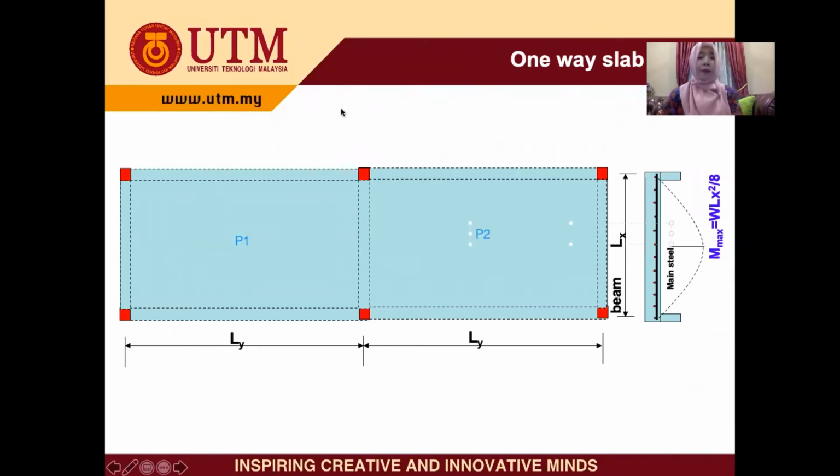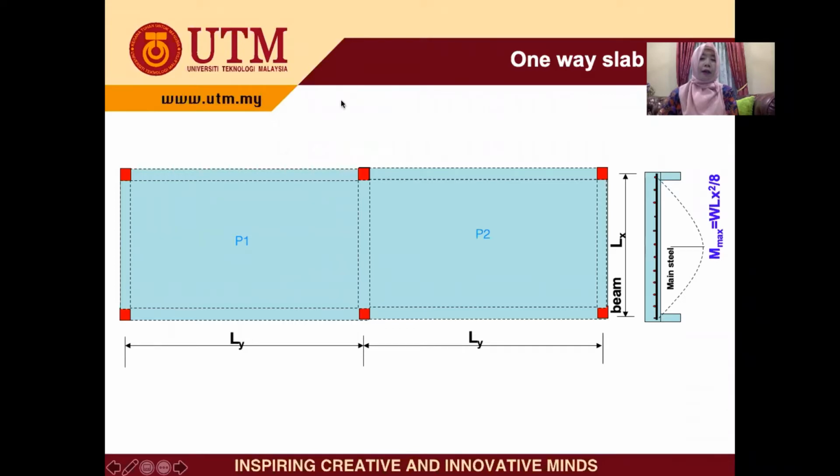So we have two panels. What you can do is determine what P1 and P2 are. Is it one way or two way? Let's say here both are one way.